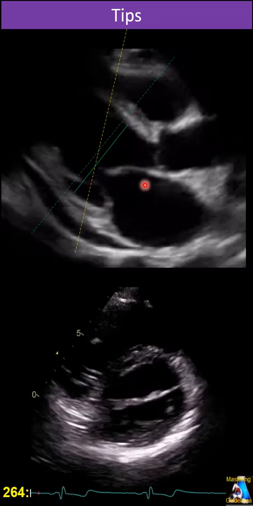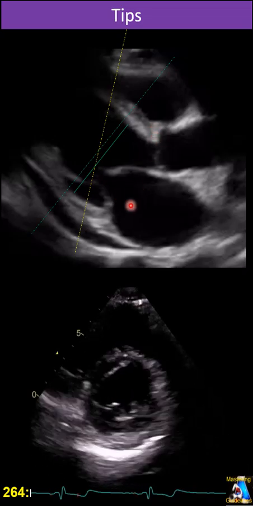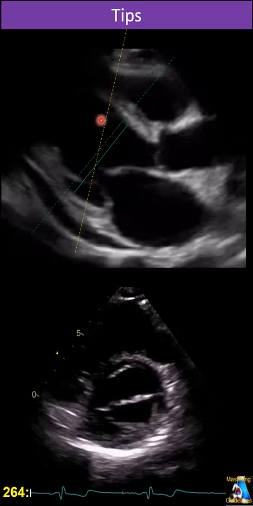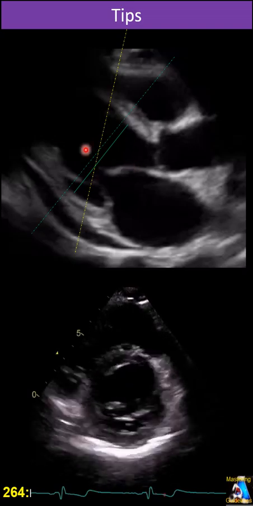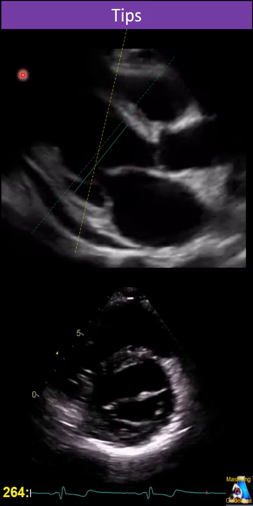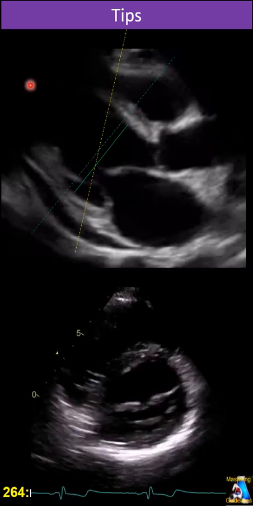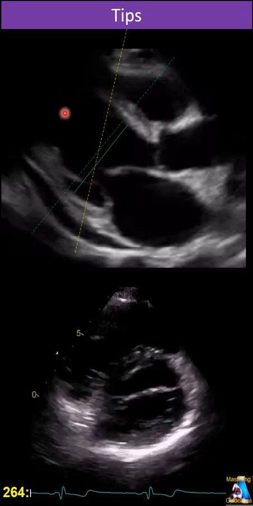But if you or your department is very obsessive about systolic measurements too, make sure that during systole your heart doesn't go off axis. What does off axis mean? If you are rocking and watching the left ventricle, the tip of the apex shouldn't move during systole more than 5 to 6 millimeters.